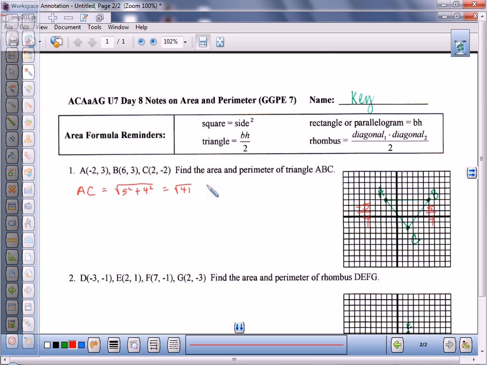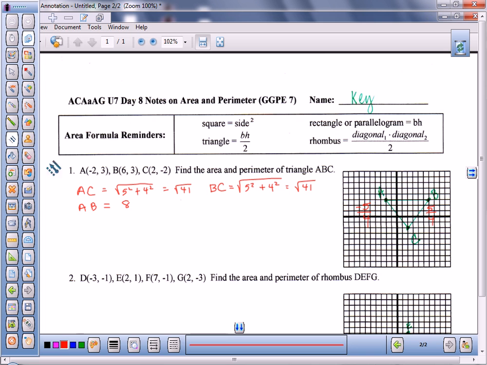When we find the distance of BC, BC is also the square root of 5 squared plus 4 squared, so this is the square root of 41. And when we find the distance of AB, AB has a distance of 8. We can just count that one out. So we do see that this is an isosceles triangle, but not a right triangle.